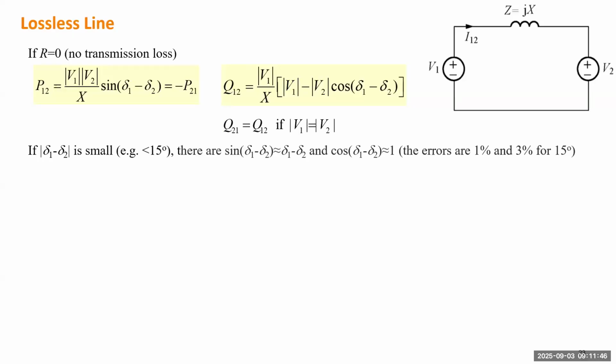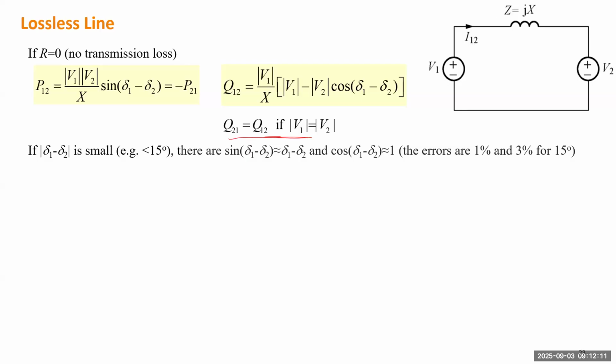Just to summarize, if we don't consider any loss, active power will be opposite between the two ends of the line, and reactive power could be the same, because reactive power will be coming to the middle if the voltages are very close.